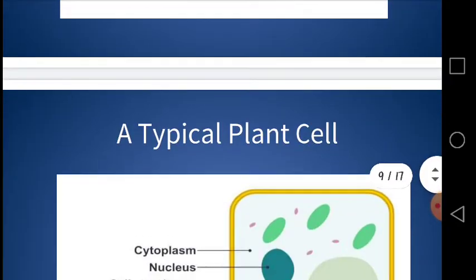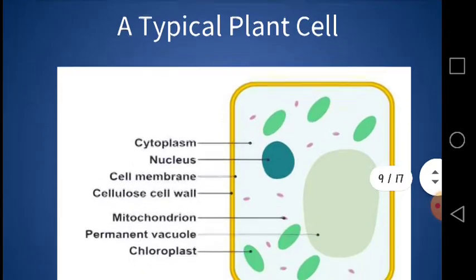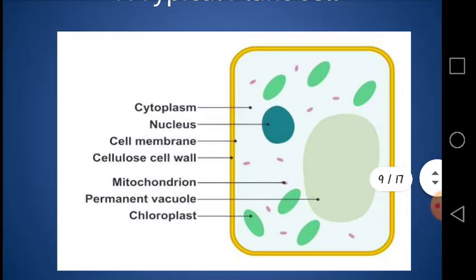Now we are focusing on the typical plant cell. This is the diagram which I have selected. Now you can see from this diagram, dear students, a very big, prominent vacuole is there, and the nucleus is on one side, not in the center.